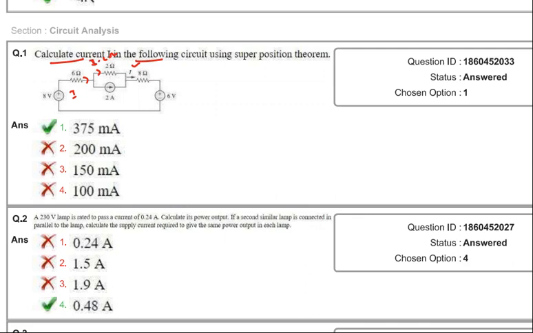For this circuit, if you apply KVL at this point, you will get the answer. So see here: minus 8 volts plus 6 into I, since I current is flowing, plus I minus 2 into 2 ohms, plus 8 into I, plus 6 equal to 0.